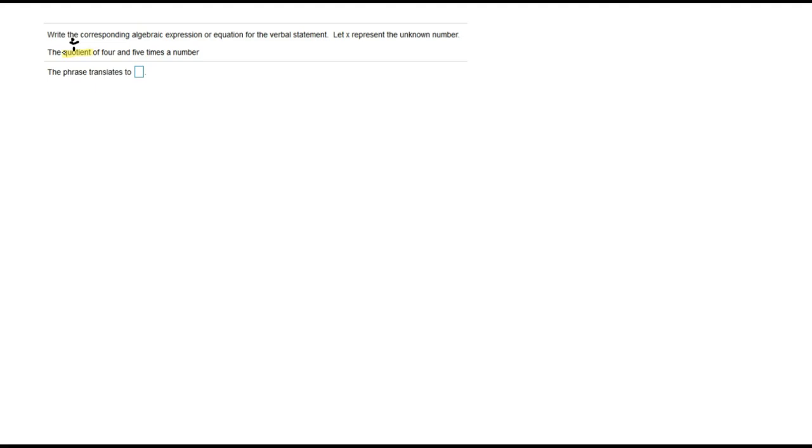So the quotient of 4 and 5 times a number. So those are the two things that we're dividing. The number 4 and 5 times a number, or 5x. So we can write 4 divided by 5x, or in fraction form, 4 over 5x.